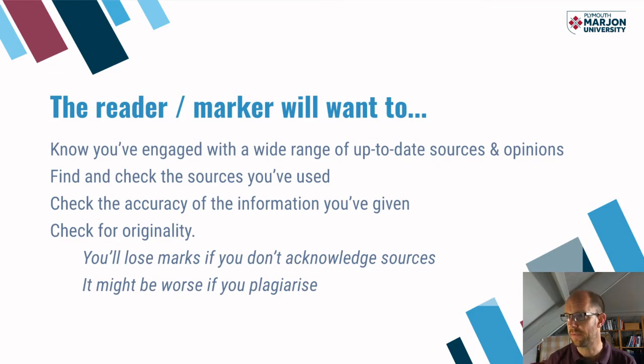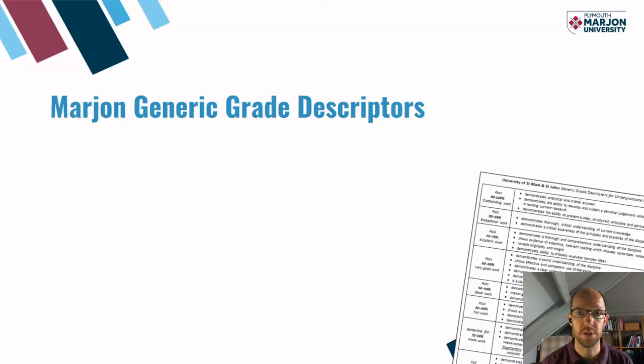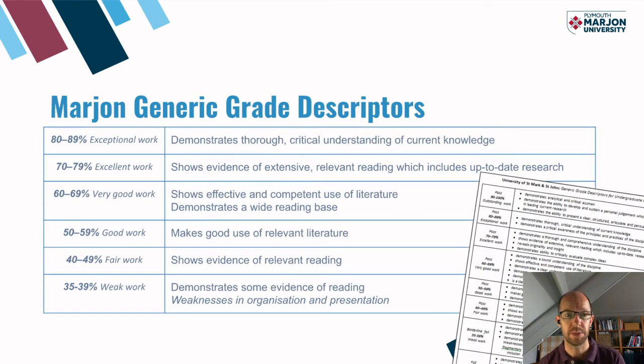You shouldn't be producing large amounts of it anyway, but any amount, you need to acknowledge where you got your information from. If you look to the grade descriptors on any course, the generic grade descriptors, you'll see there are certain things that we will look for in all assessed work. In terms of the use of references and the engagement with literature, these are some of the key points that I've picked out, which show the progression through the various different grading bands.